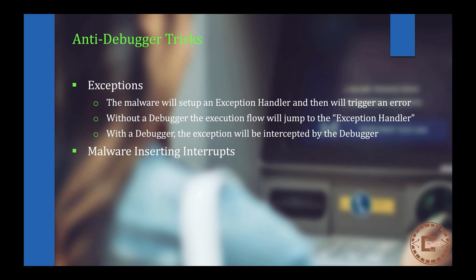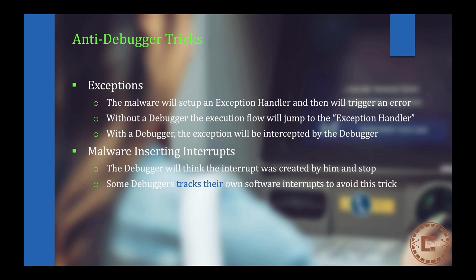Malware inserting interrupts. You remember the 0xCC, right? Before, the malware authors checked if there is a CC interruption because they wanted to know if the debugger inserted that breakpoint. You remember that, right? But here it is different.